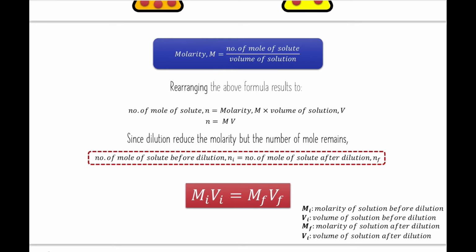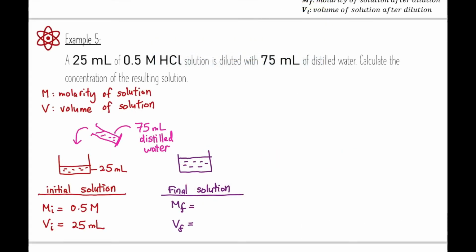We can conclude that molarity initial times volume initial is equal to molarity final times volume final. This is the formula that you are going to use when calculating the new concentration of the diluted solution. Let's have a look at example number 5.